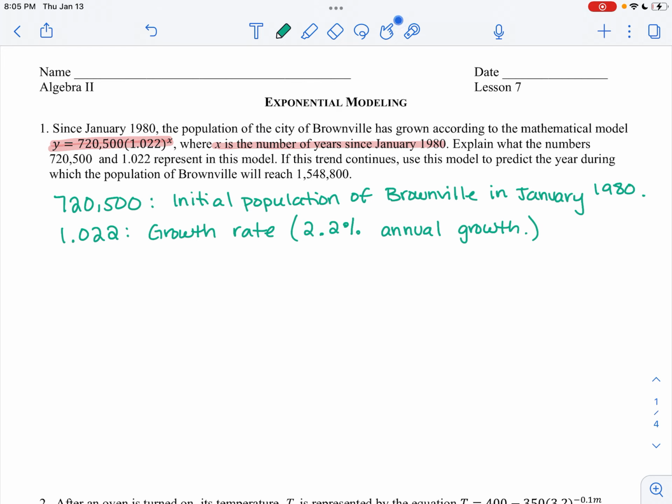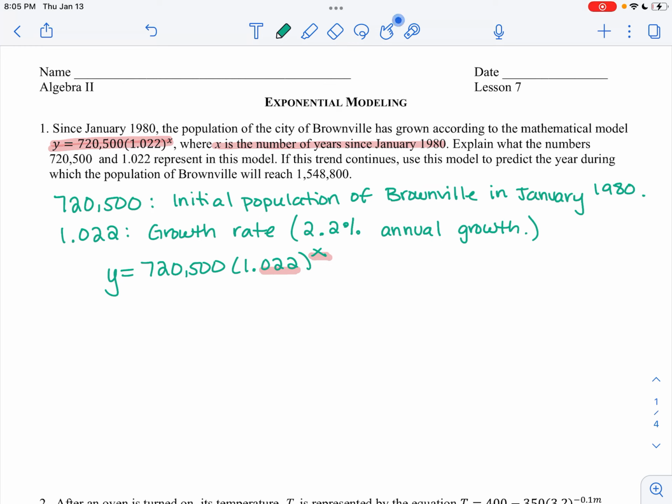So the rate is years since the exponent is years. And again, let me just rewrite that function so we can look at it here. So this time reference here should always match up with this time reference. We know that this is number of years, so this is also years. Okay, so that's the first part of this question, just breaking down what these 2 values tell us.